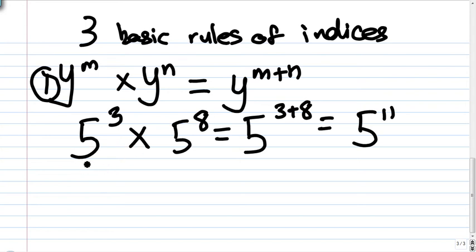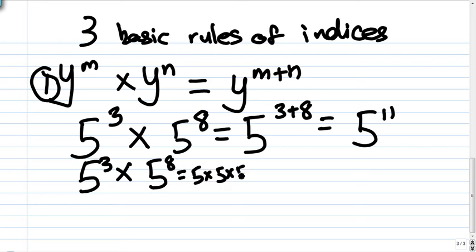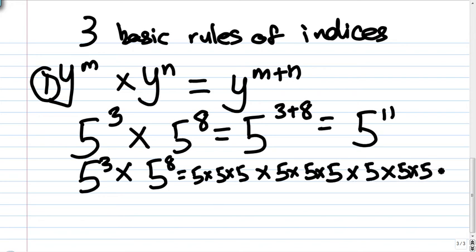If you think about it, 5 to the power 3 times 5 to the power 8 is actually equal to 5 times 5 times 5, 3 times, and then times 5 seven more times, and then times 5 again.